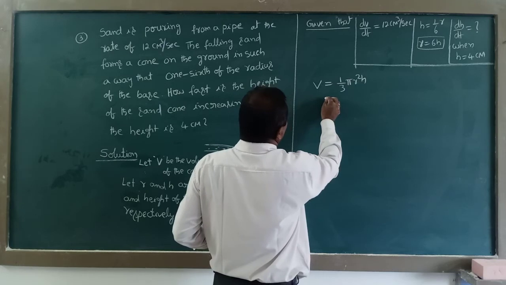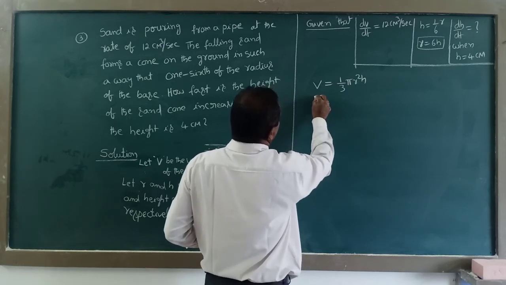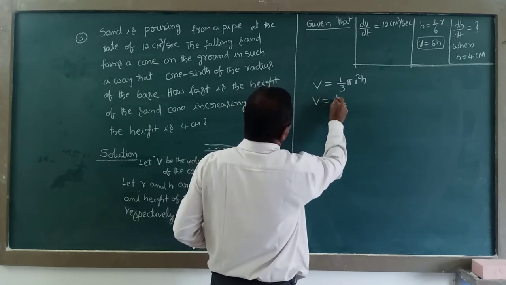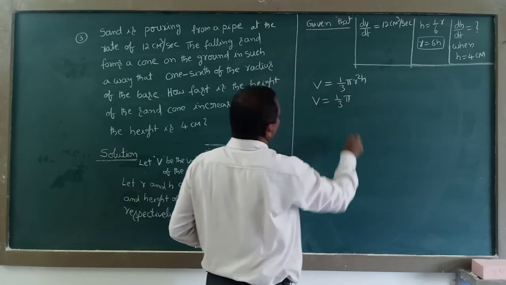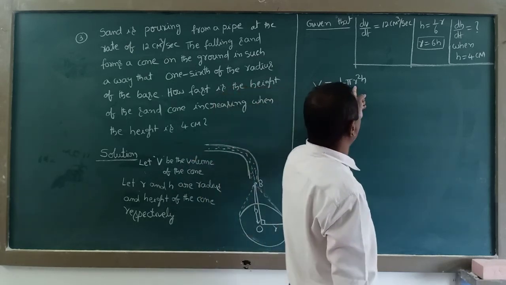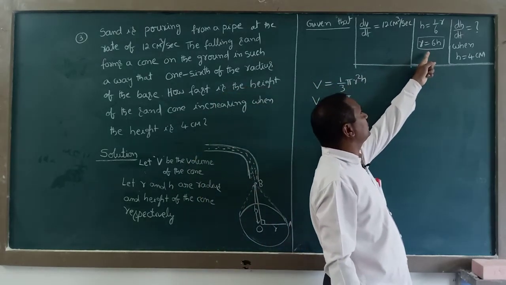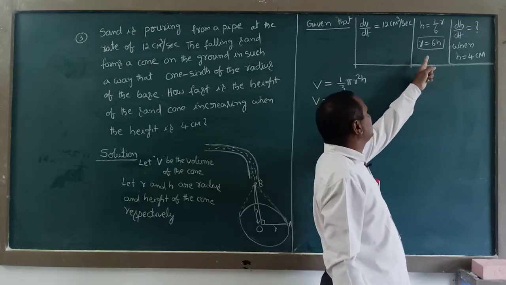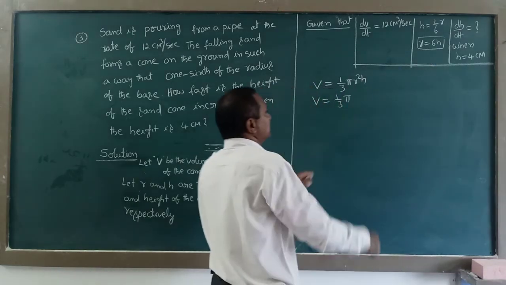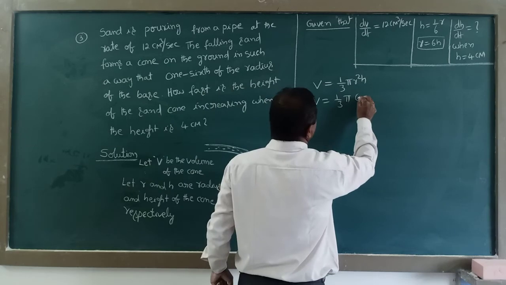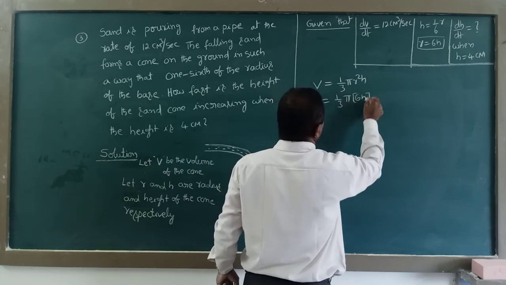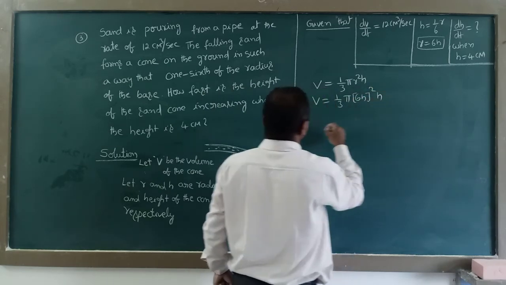Now V is equal to 1/3 into pi into r, and in place of r we already have 6h. Substitute 6h in place of r here: 6h whole square into h.